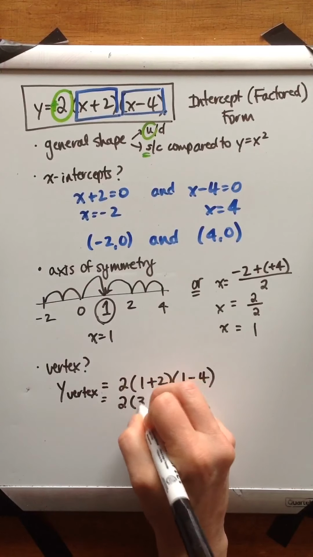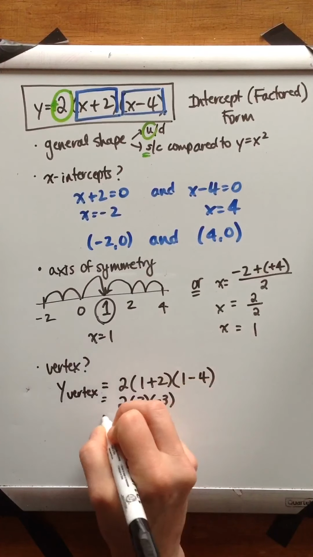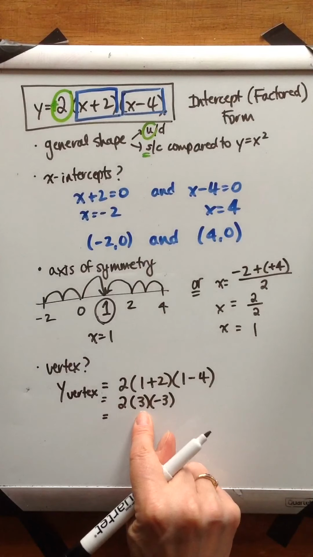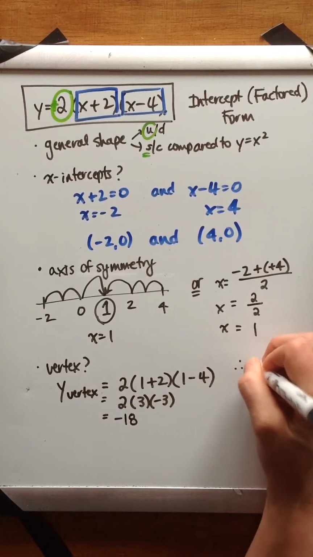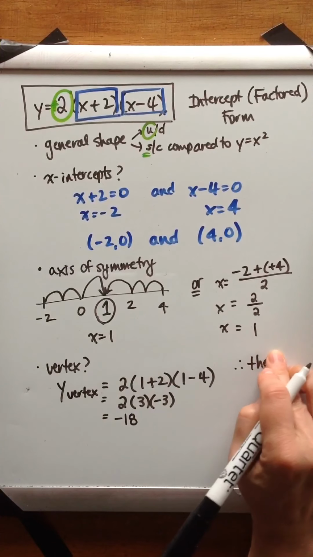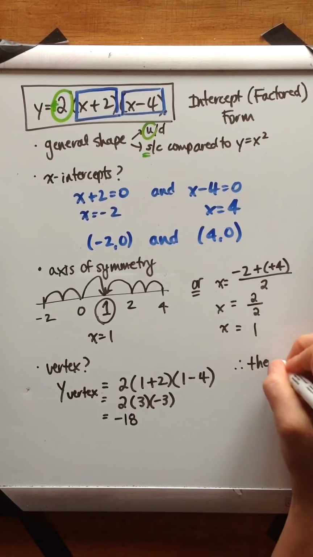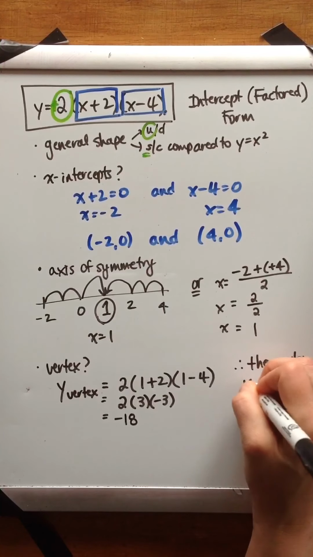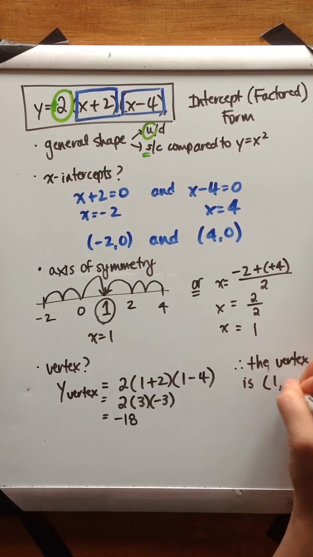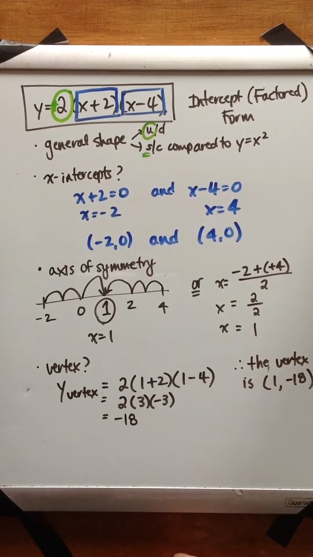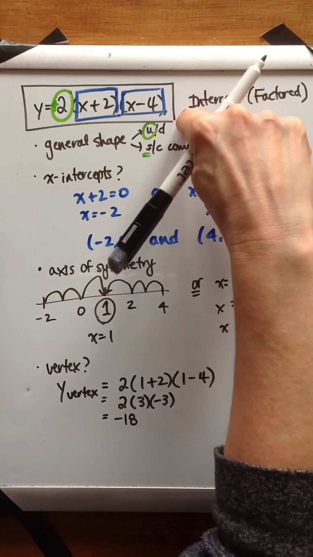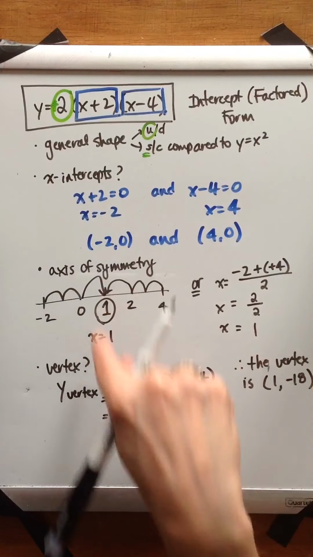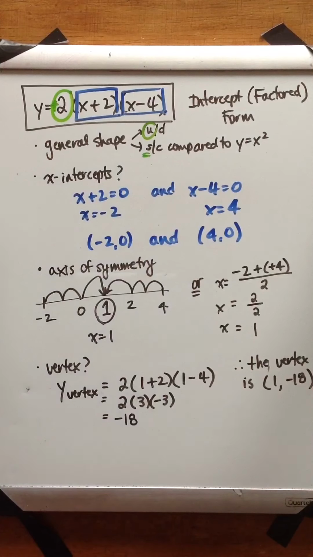So I have 2 times 3 times negative 3. 2 times 3 is 6, times negative 3 is negative 18. So the vertex has a coordinate of 1, negative 18. And there you go. All kinds of information about this parabola just from inspection or a little bit of mathematical work when it's written in intercept or factored form.